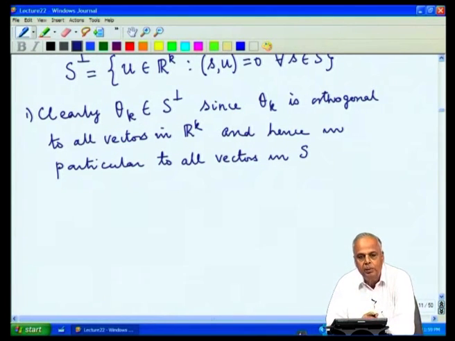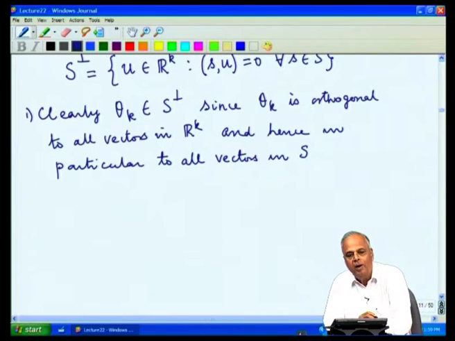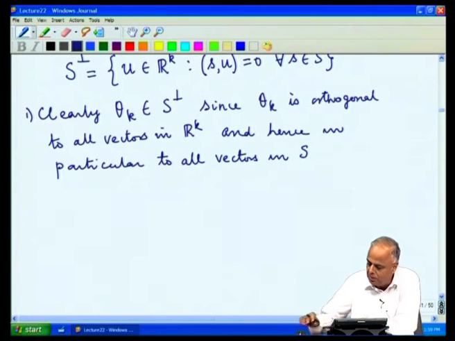Since S perp is now a non-empty subset of R^k, we wonder whether it will be a subspace.